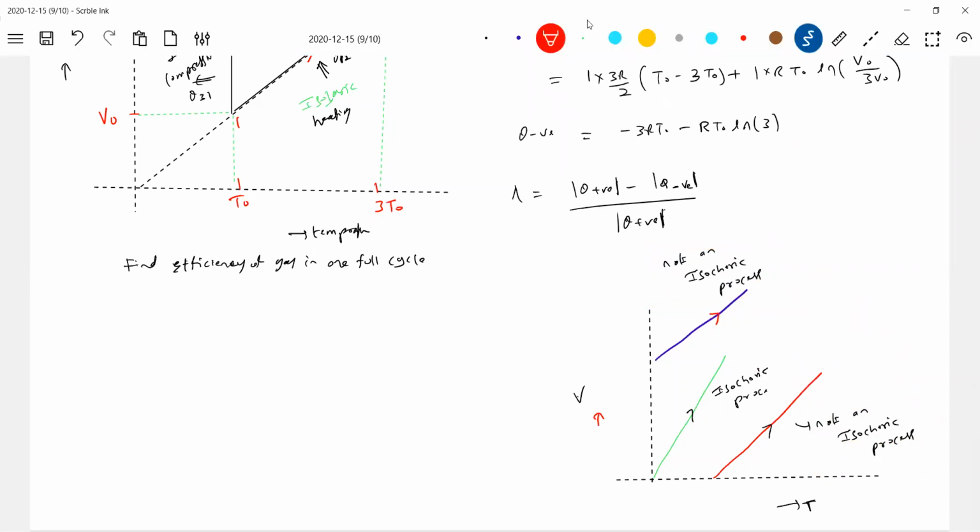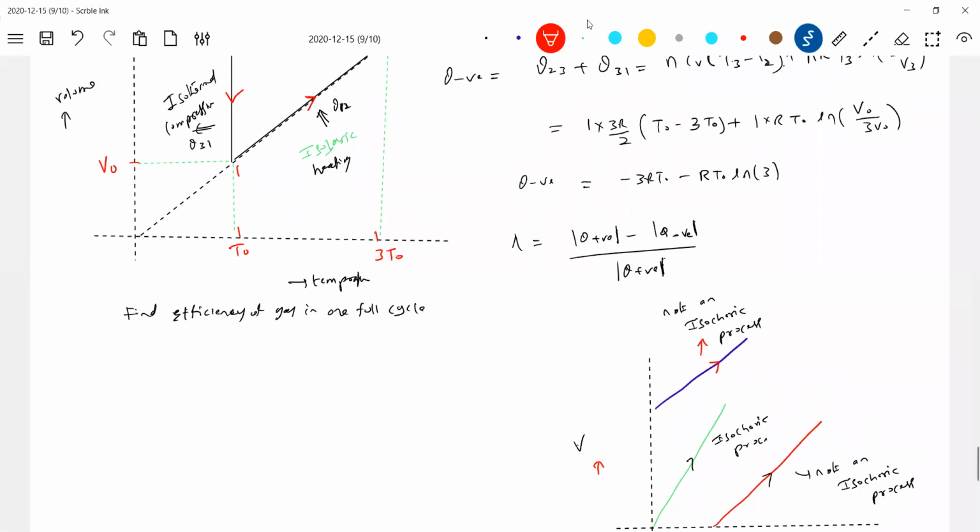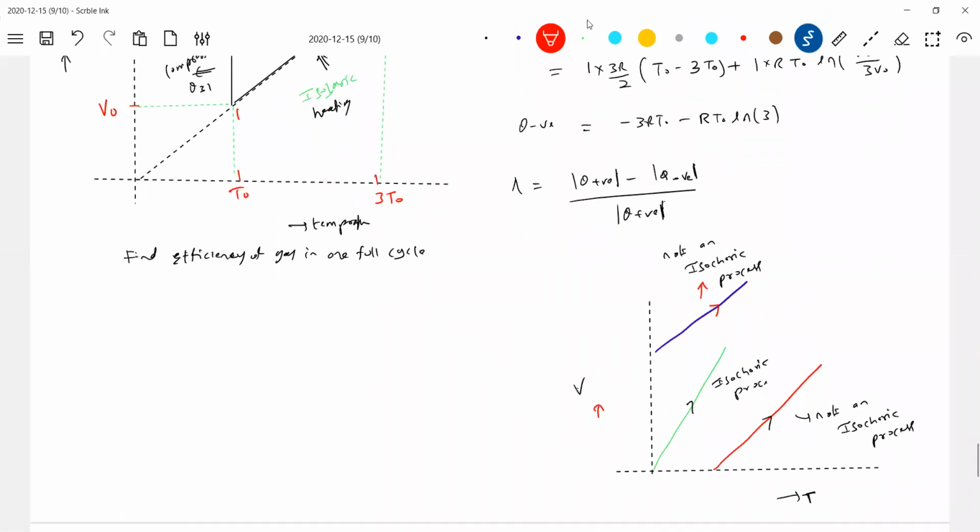So what is isobaric? You drew the V versus T line, which diagram passes through the origin? Isobaric. Oh, I'll change it.